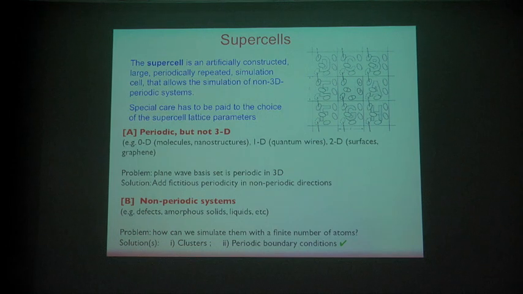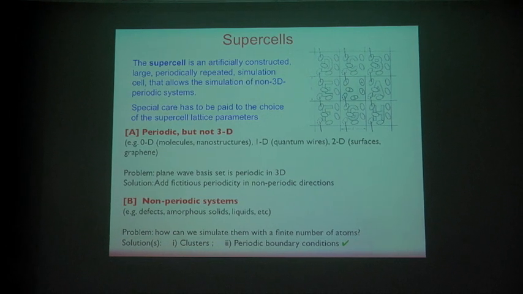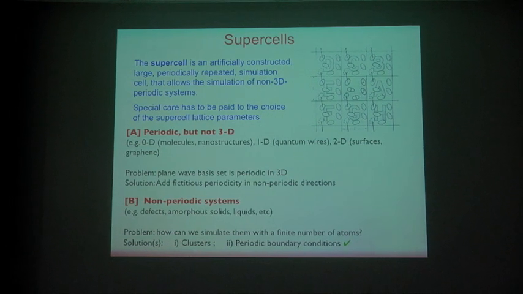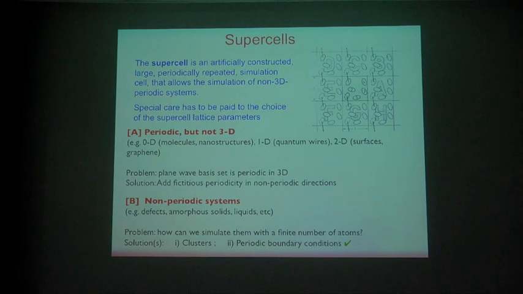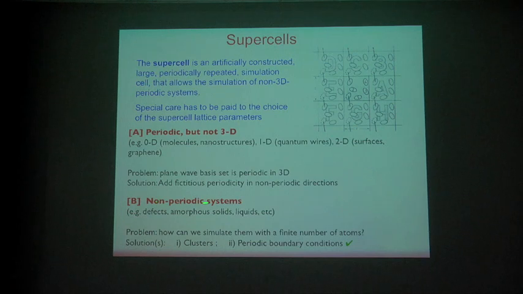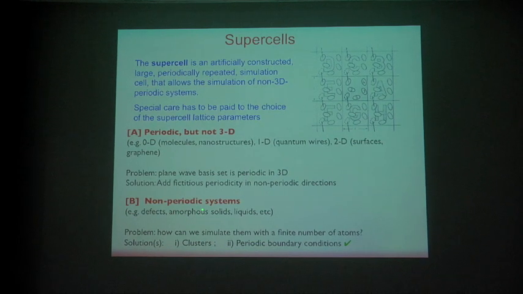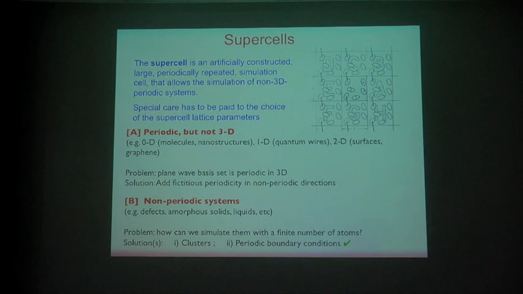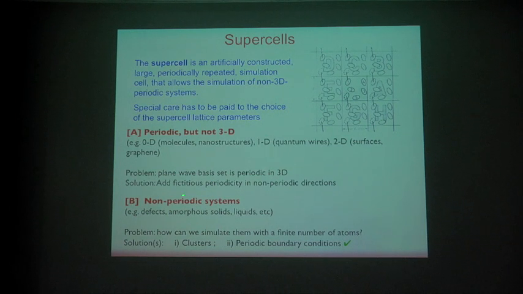The question is, how do you quantify the defects? What percentage of defects? That will dictate how you choose your supercell. He mentioned several times the use of supercell calculations for defect generation via density functional calculation.